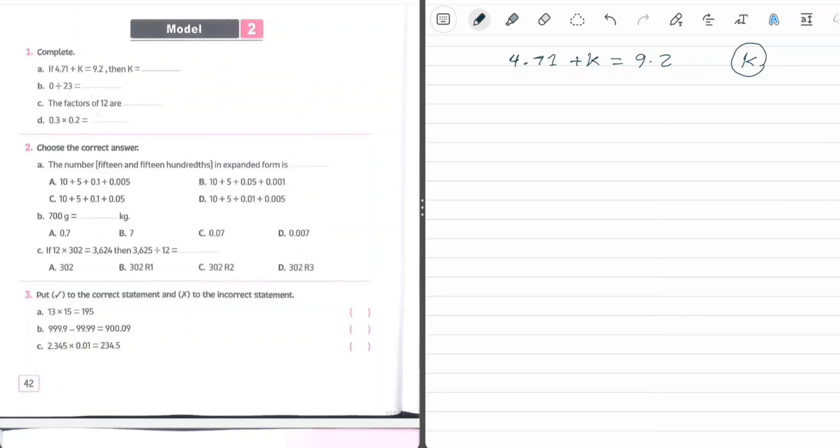If you want to find the value of a variable or unknown in an equation, what should you do? I told you before, it's part plus part equals whole. So if you want to find the missing part, you will subtract: whole minus part equals the missing part.